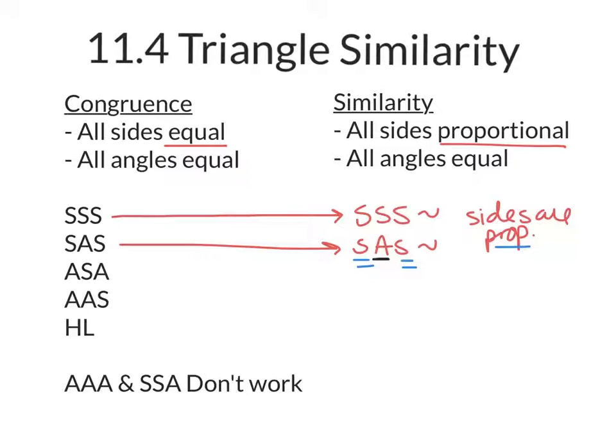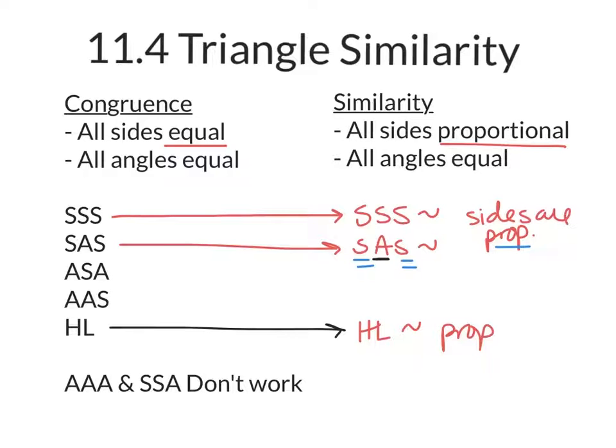And the last theorem, well, I'll say HL still counts. It's kind of like the side, side, side, because if you knew two sides of a right triangle, you could find the third. So with HL, it's still that same side, side, side idea or concept, except that with similarity, we need these to be proportional as well.